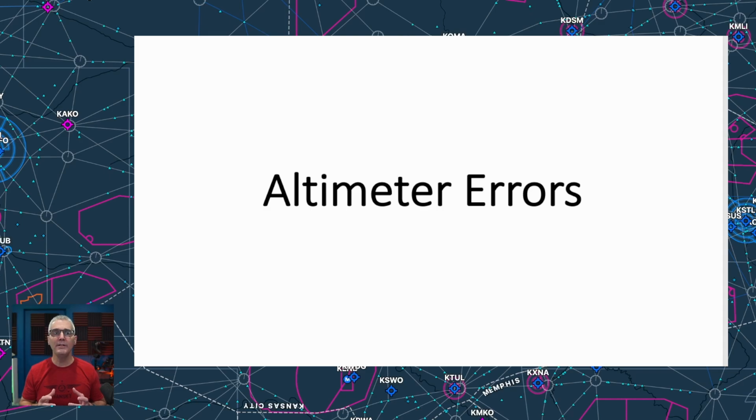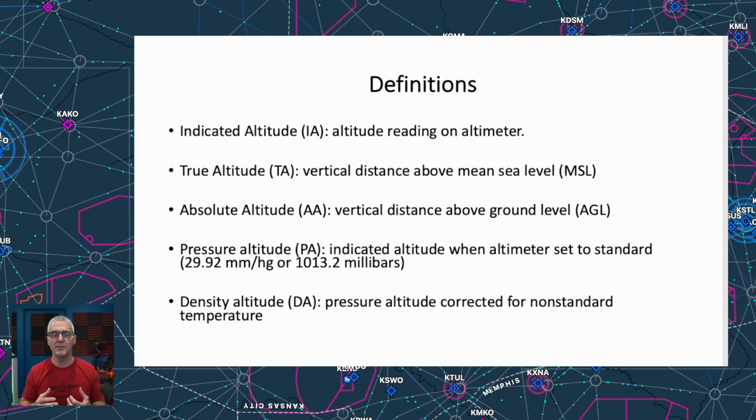Okay, so before we demonstrate the technique, I'd like to review some basic definitions. For some of you, this will be the first time seeing these definitions. For others, this will be review, but they are important to the topic of altimeter errors. Indicated altitude is simply the altitude reading on an altimeter. It doesn't imply accuracy. It's just whatever the altimeter is indicating.